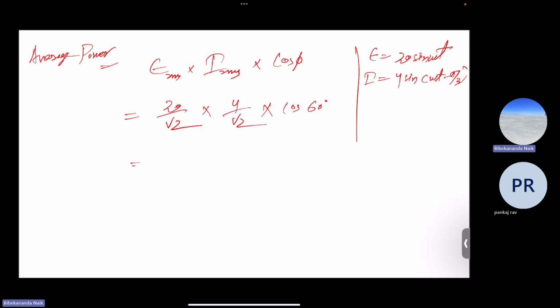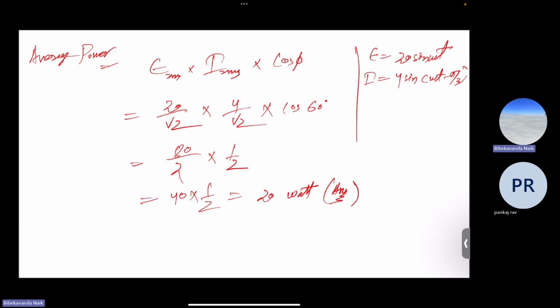So if we calculate it, it will be 80 by 2 into cos 60 is 1 by 2. So 40 into 1 by 2, which is 20 watt.